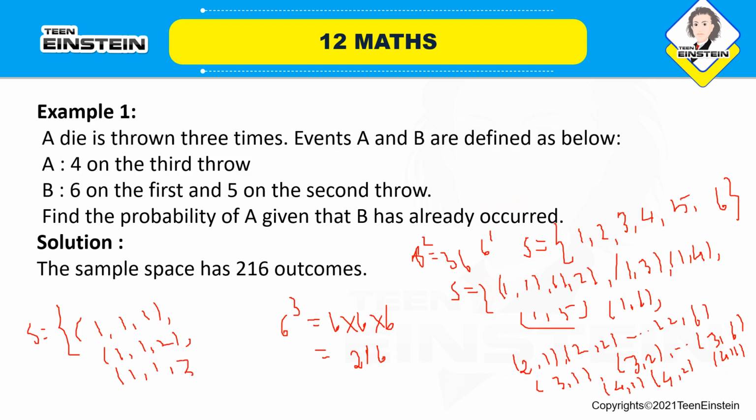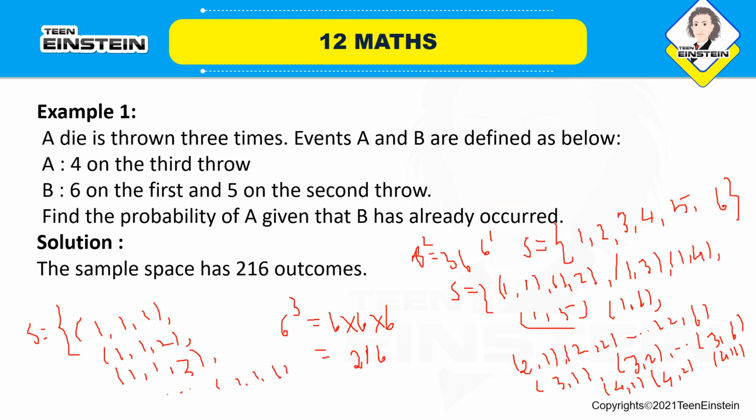What does it mean? In the first throw I am getting 1. In the second throw also I am getting 1. In the third throw I am getting 3. So how will I write? 1, 1, 3. It goes up to 1, 1, 6.